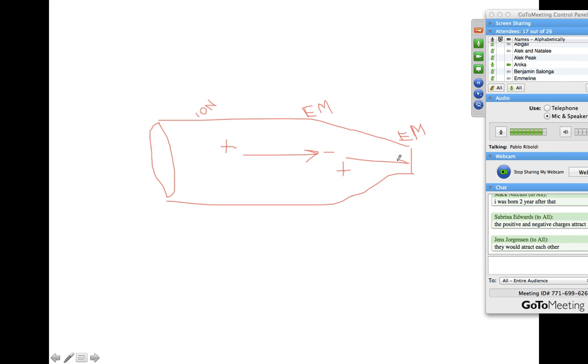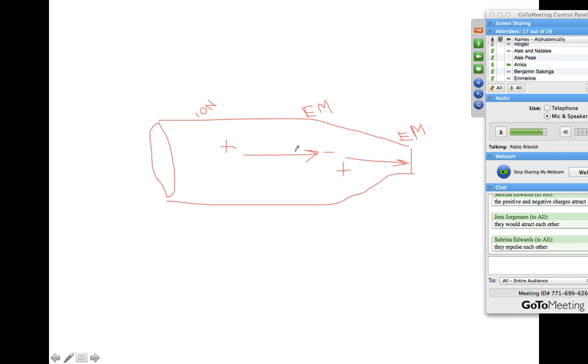And so what happens when you have a positive ion and now a positive electromagnetic field? Exactly, they would repulse each other, and so the ion would be repulsed and compressed through a nozzle and expelled out.